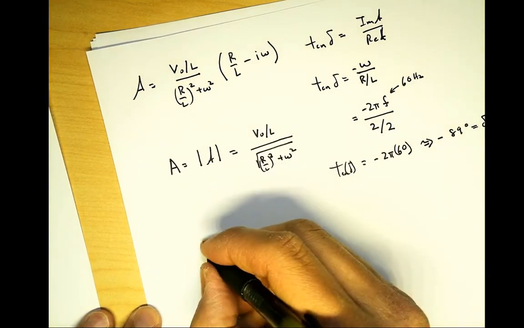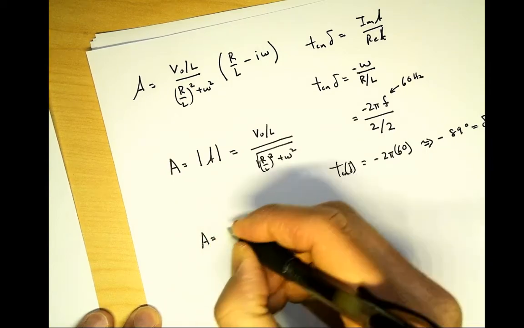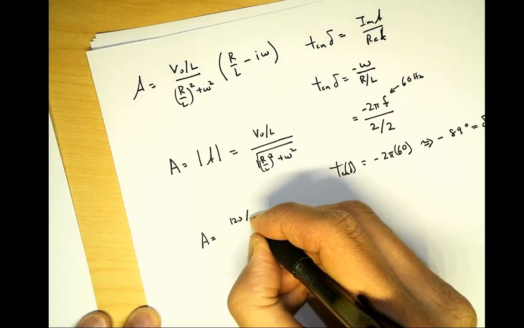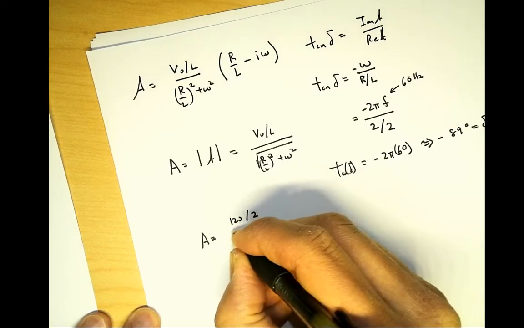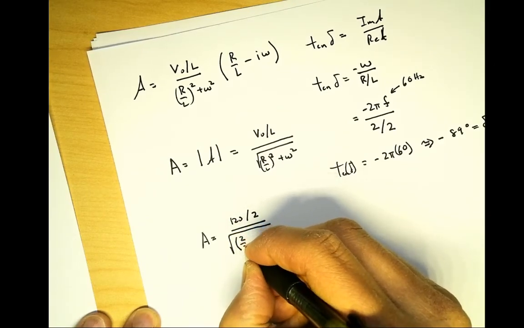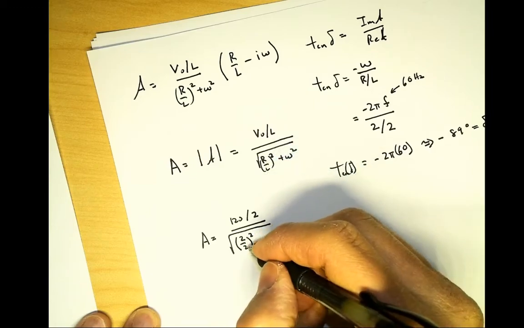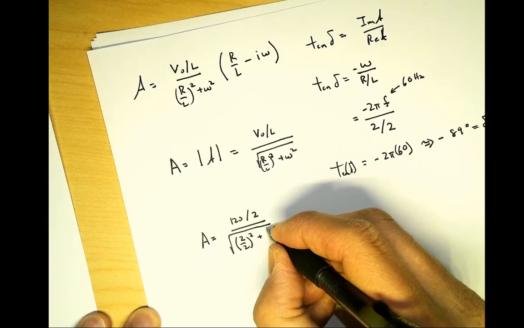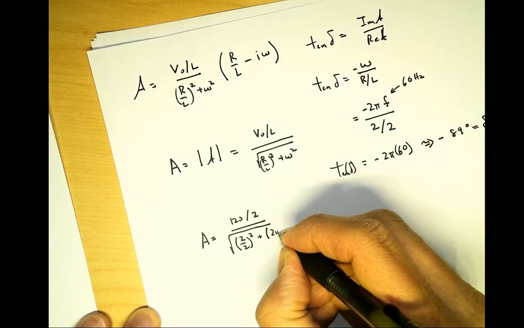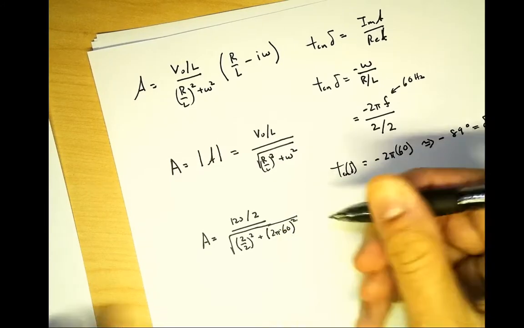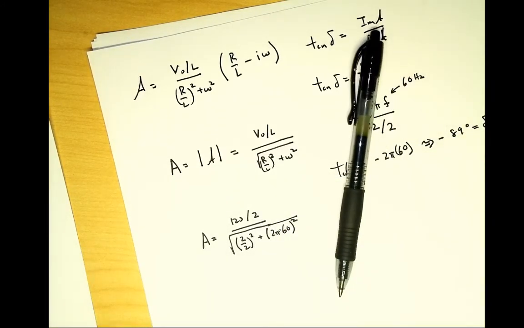So A is going to be equal to, let's see, the voltage was 120 divided by the number of henries, which is 2, divided by the square root of 2 ohms divided by 2 henries, squared, plus, now again a fairly large number, 2 pi times 60 hertz, squared, right? So let's go ahead and do that. I'm going to just compute that out.